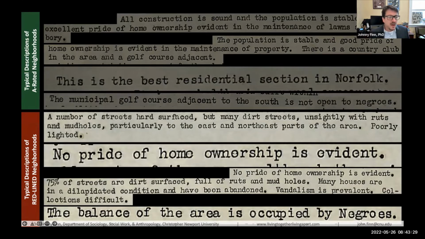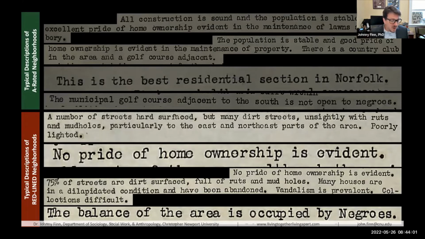And then also evidence of already a lack of investment by municipalities in these neighborhoods, of the lack of hard surface streets, the presence of dirt streets, of ruts and mud holes, and also significant discussion of environmental hazards, of industrial sites, of flooding in some cases. And so what we can see is how environment, health, investments and disinvestments, and race play out.